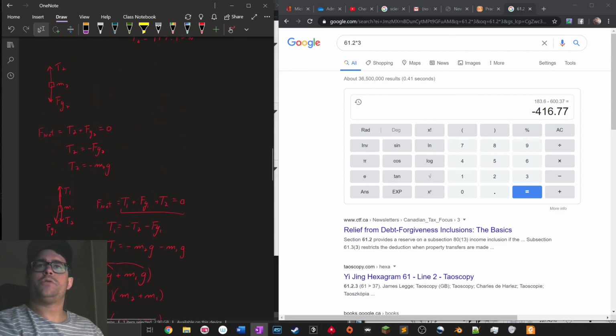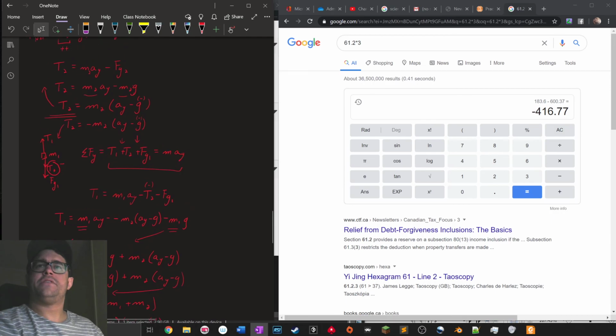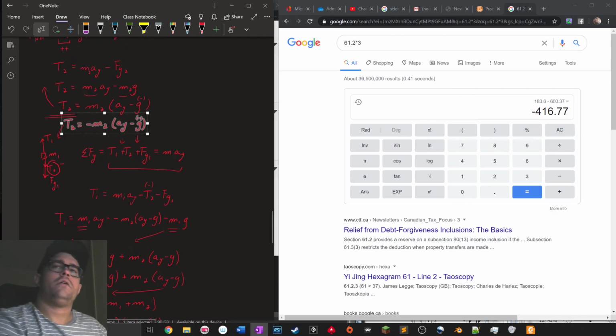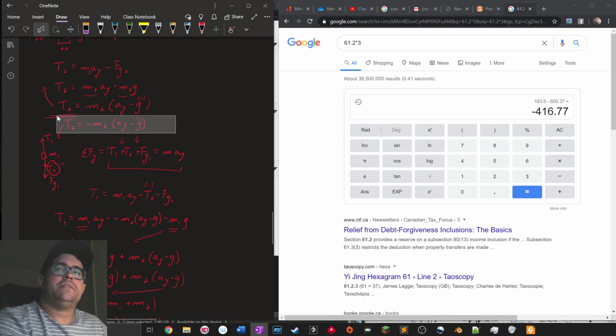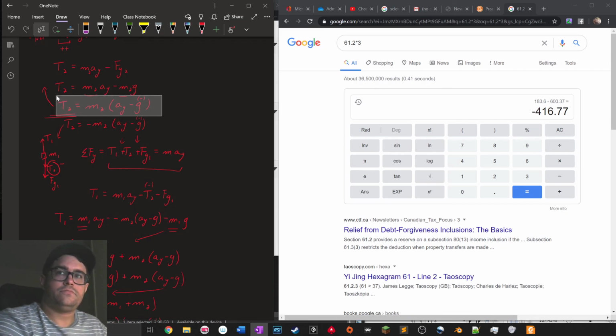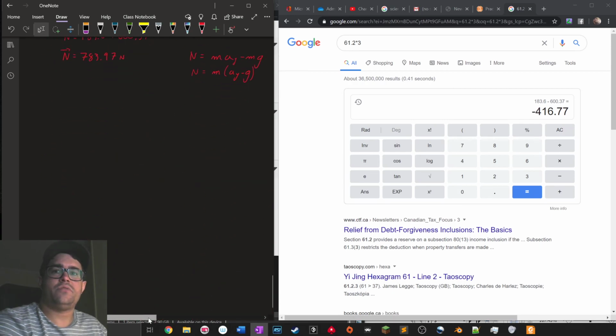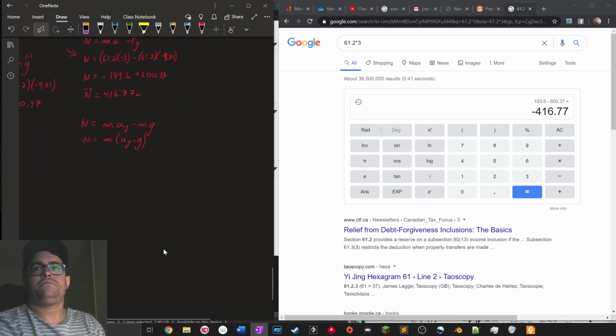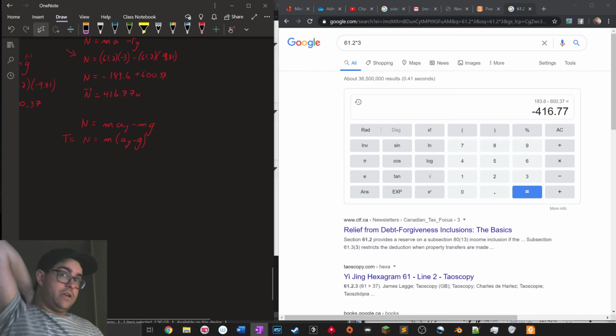Oh, hold up. Where is it? Ah, there it is. MAY minus G. Then it means that T2, it's this one. T2 would be N, right? If MAY minus G is T, the tension in the chord or the resulting vector on the top, then this is the tension also, right? So it's not only the normal force, but it's also the tension.